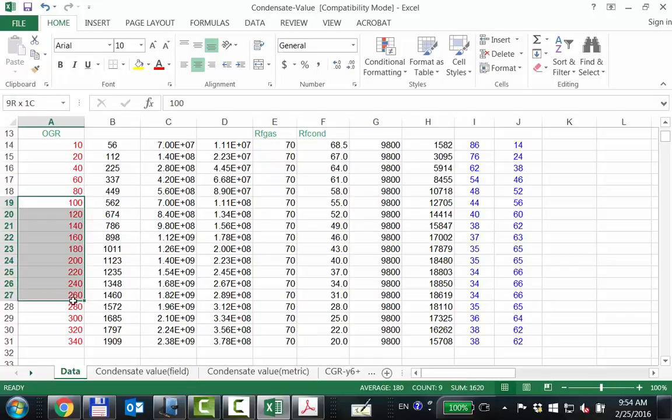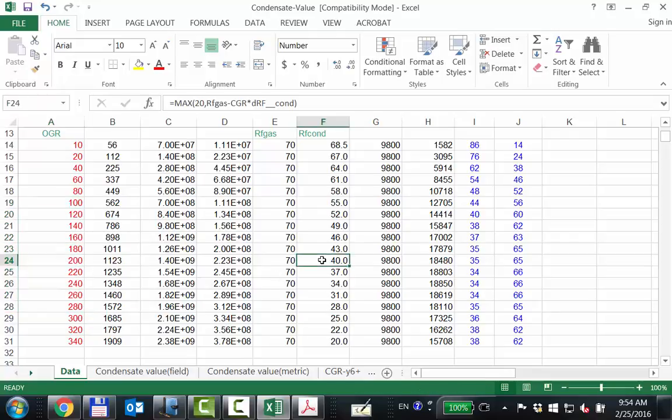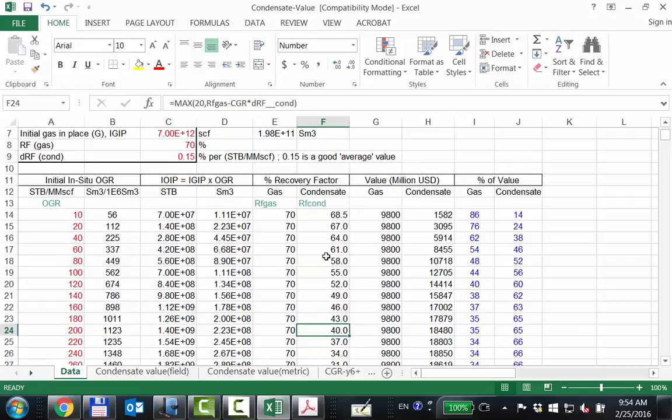The richer the fluid, the more barrels you have in place, the less recovery you get. Okay? Mother Nature puts more in solution in the gas, but when you go below the dew point, a lot more drops out. So you get less recovery. Okay, so these are kind of empirical.